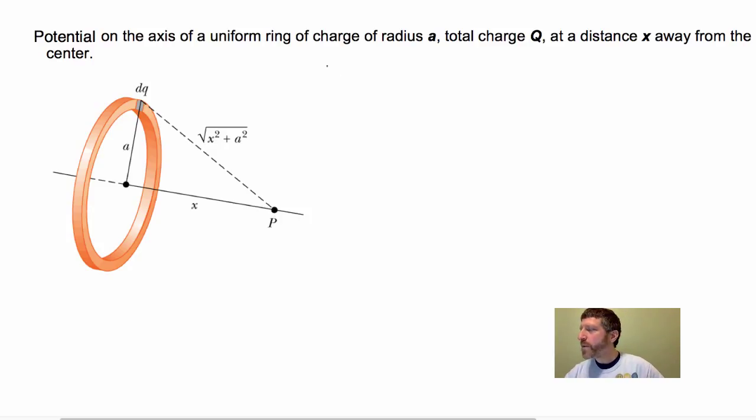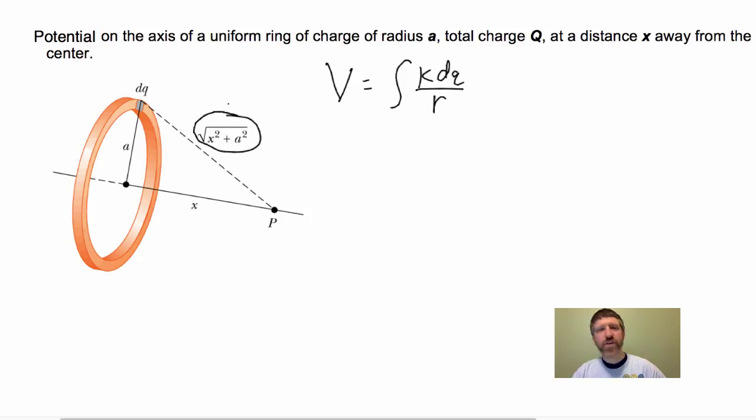Well, again, the potential is going to be the integral of K dq over R. And check it out, R is just a constant, so I'm going to bring out K and R. V equals K over, what is R?